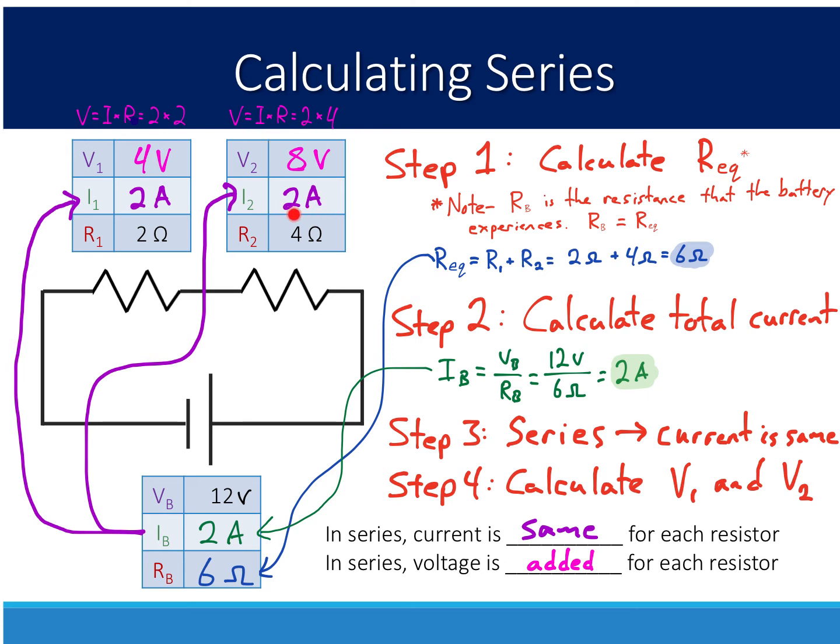Current, still 2 amps, remember that's the same in series, times resistance of 4 ohms gives me 2 times 4, or 8 volts. 8 plus 4 should add to your total voltage here as a check. Remember, the voltage is added across those. All right, so putting all these ideas together, this is the process that you would take when you're solving these problems.